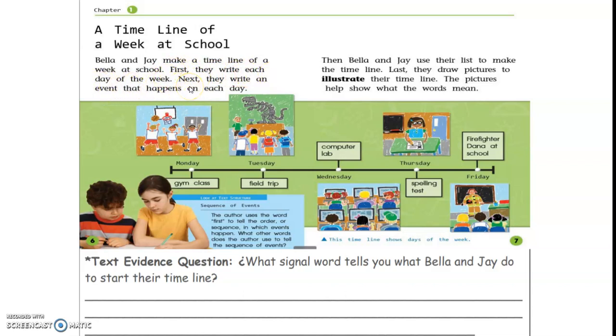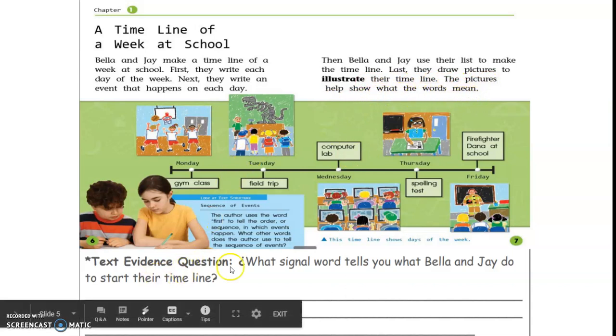Next, I think these might be some signaling words, they write an event that happens on each day. Then, Bella and Jay use their list to make the timeline. Last, they draw pictures to illustrate their timeline. The pictures help show what the words mean.